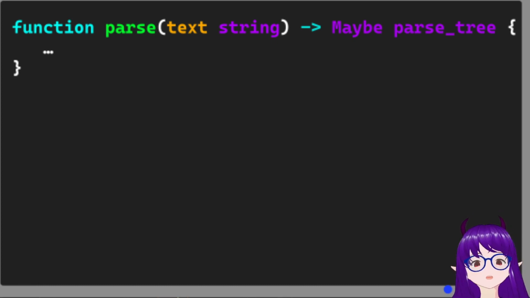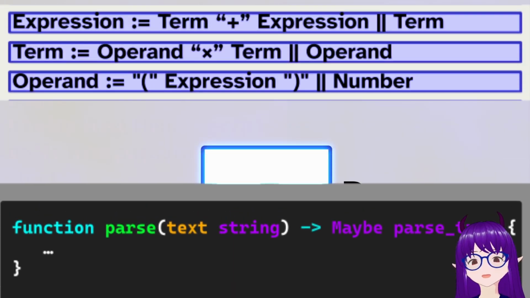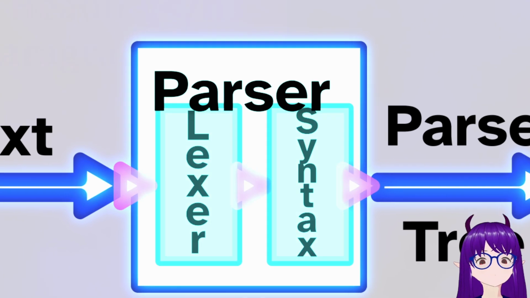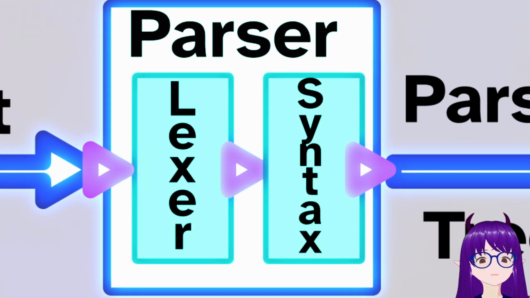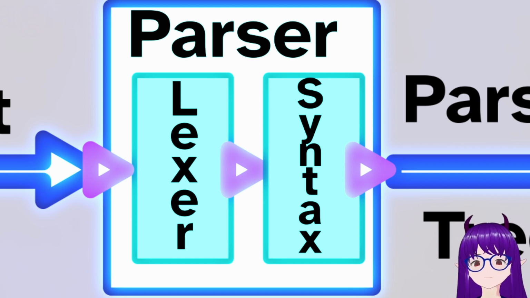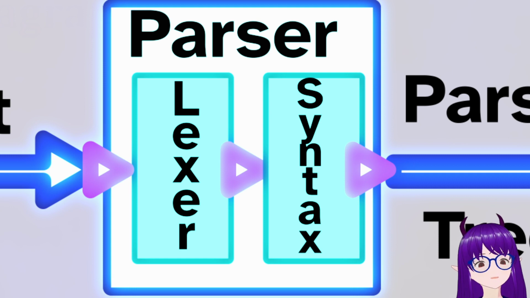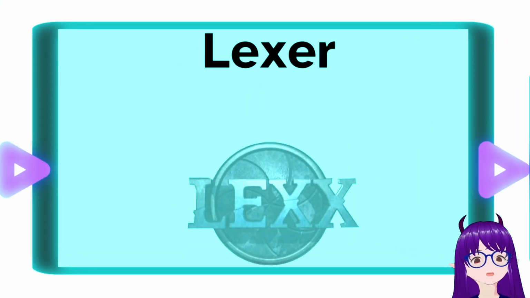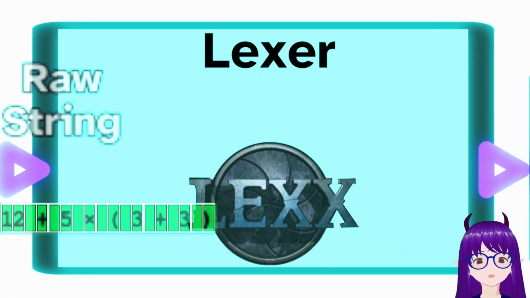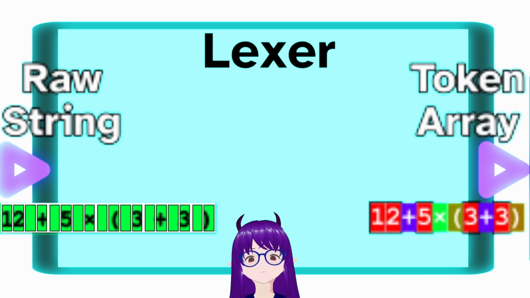Now, let's talk about how we are going to implement this parsing. In a computer system, parsing is implemented by two separate but equally important subprocesses. The lexical analyzer that tokenizes the string and the syntactic analyzer which structures the tokens. The job of the lexical analyzer is to take the raw string and create tokens from it.